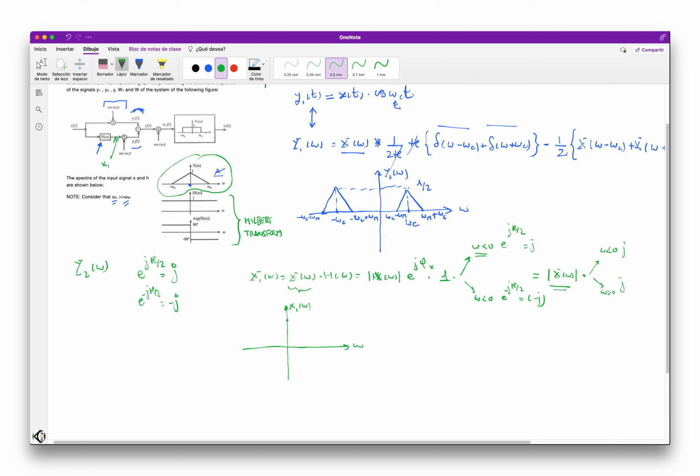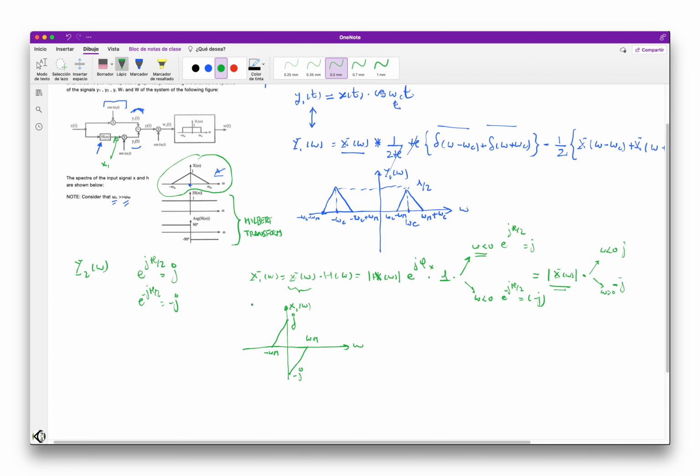So the negative part of the signal was this, it was 1. If we multiply it by j here, we will get a j here and minus omega m here. And for positive frequencies, we multiply it by minus j. So for positive frequencies, we just turn around the signal, and this will be omega sub m, and this will be minus j. This is the output of the Hilbert filter for the input triangle.